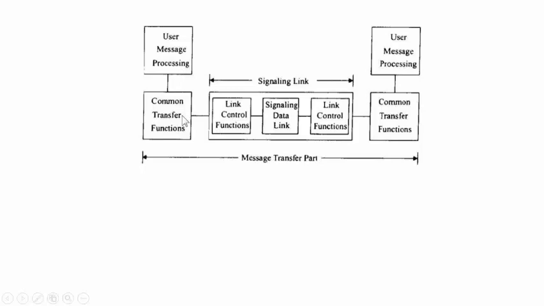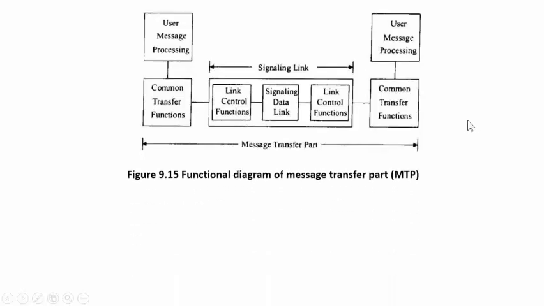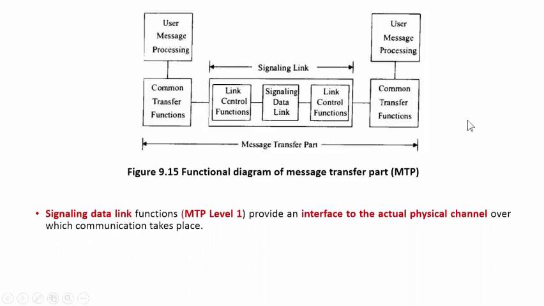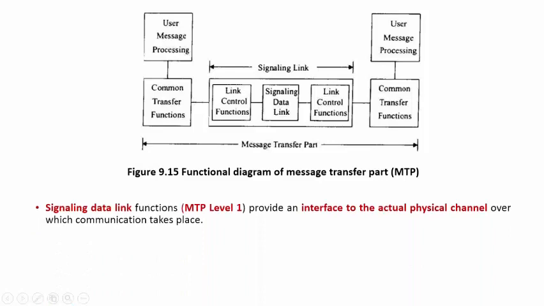Here we can see the typical blocks observed in the message transfer part, which consists of user message processing, common transfer function, and in between, the signaling link, which consists of link control function, signaling data link and link control function. In each message transfer part, that is level 1, level 2 and level 3, you will get this kind of blocks.